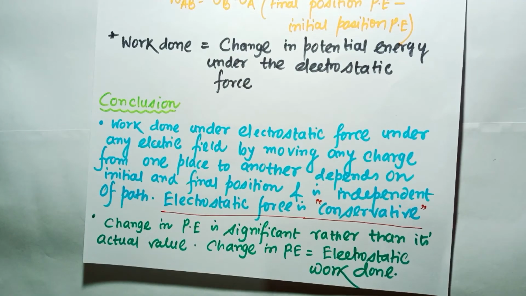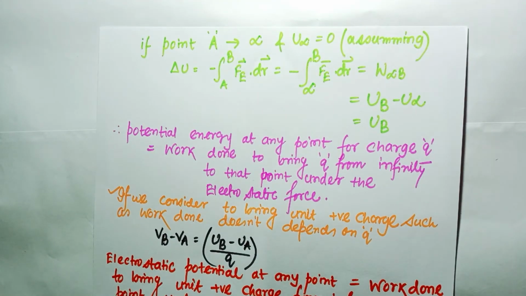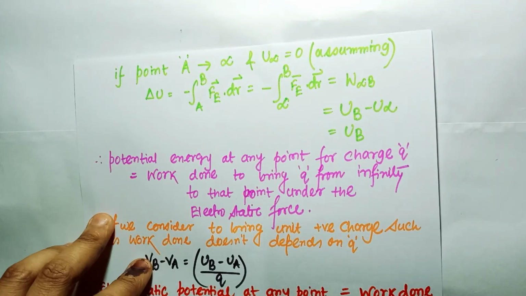So this is our next page. We can always choose our origin in such a way that the potential energy is zero at infinity.